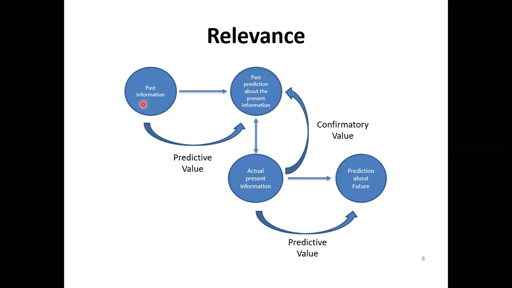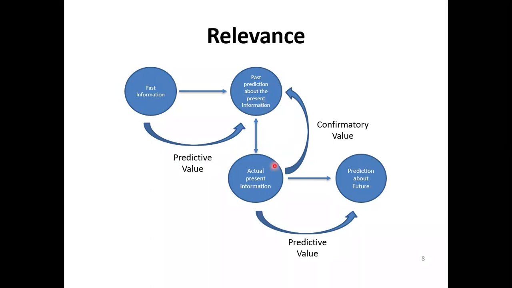Based on the data of 2015, 16, 17, 18, 19, this 5 years of data, we can predict year 2020. So this is called what? Predictive value. So we have the predicted sales in 2020 and the actual value of 2020.